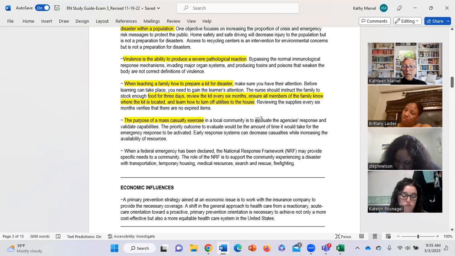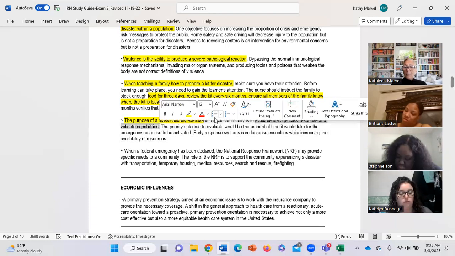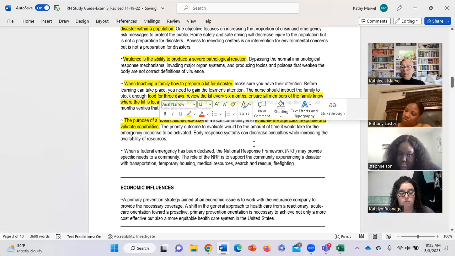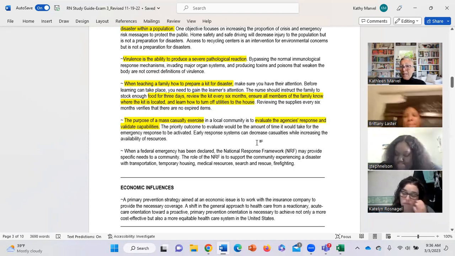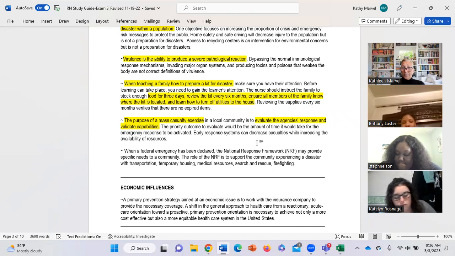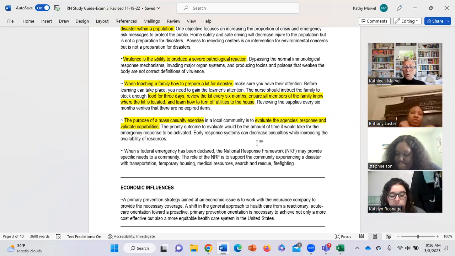One of the other purposes of mass casualty exercises is to evaluate the agency's response and capabilities. After doing a mass casualty exercise, a community may find that they did a terrible job or an excellent job. That's why you do those exercises, to see if you're prepared. What's the response?